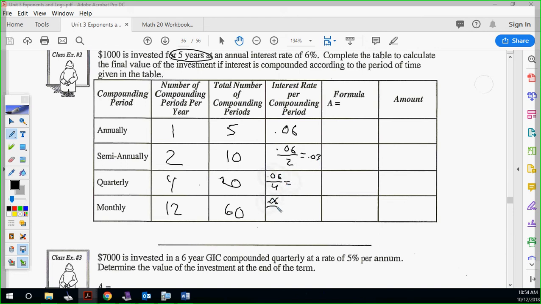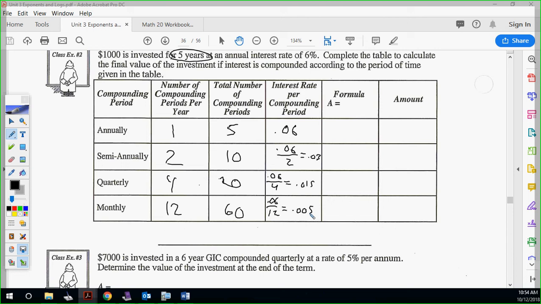Monthly, 0.06 divided by 12. So this one would be 0.015, and this one's 0.005. These are our i's for the formula. They change a bit because we're compounding more than once a year. People forget that. They always think they just put 6% every time.